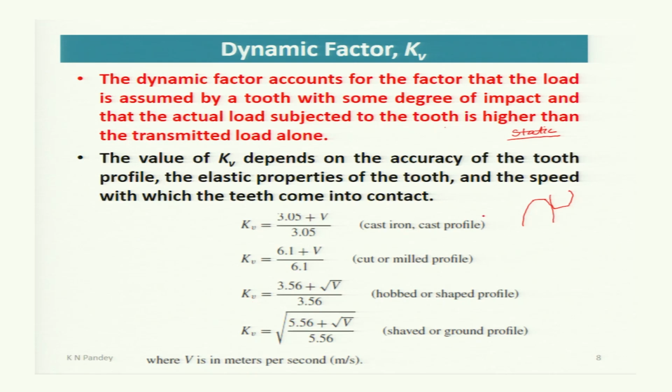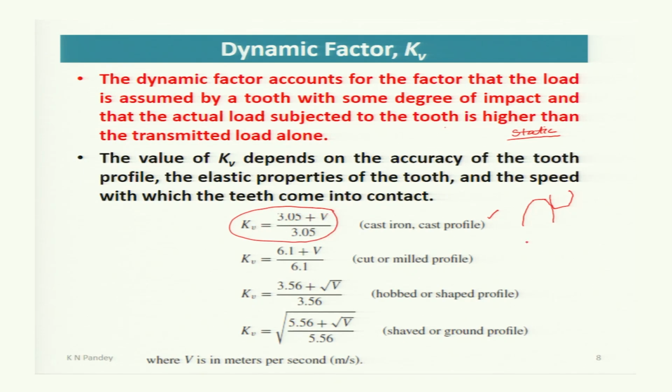Now, earlier gears were made by casting only, and so the first equation was derived to get the value of the velocity factor or the dynamic factor. This was given by (3.05 plus root V) divided by 3.05, where V is the pitch line velocity.